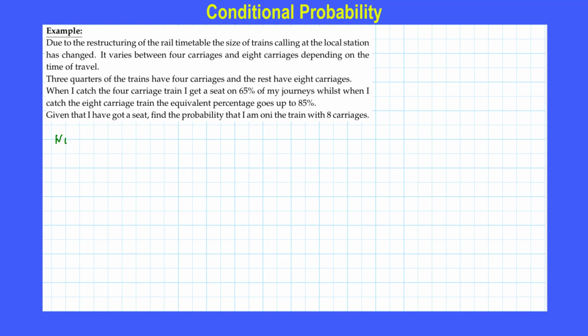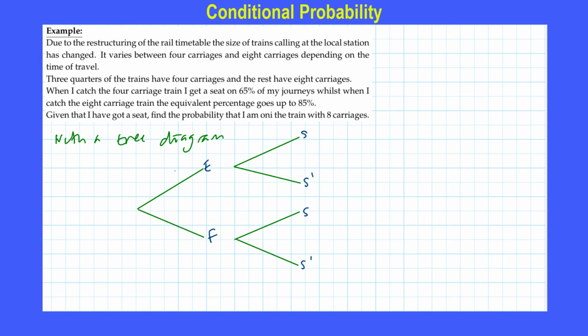Exactly the same question, this time with a tree diagram. So here's my tree diagram. I've already drawn it out. So we've got 8-seaters, 4-seaters, and the various probabilities that we need, whether we get a seat or we don't get a seat. Now let's identify what the routes are going to be that we'll be using.